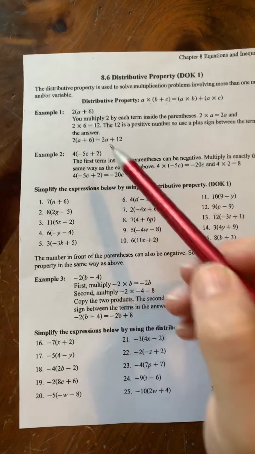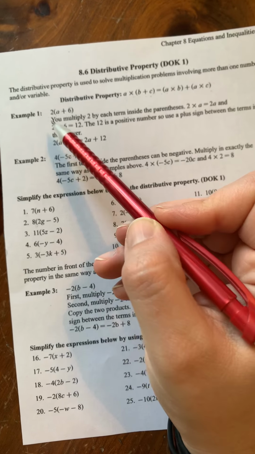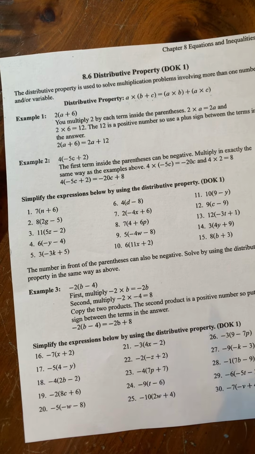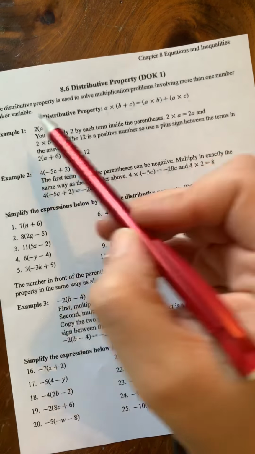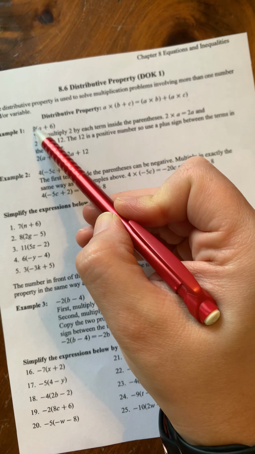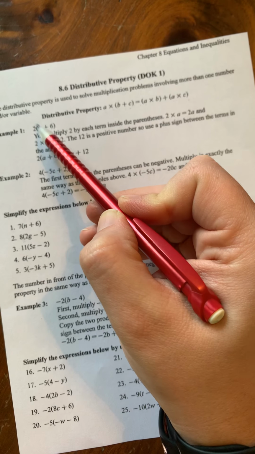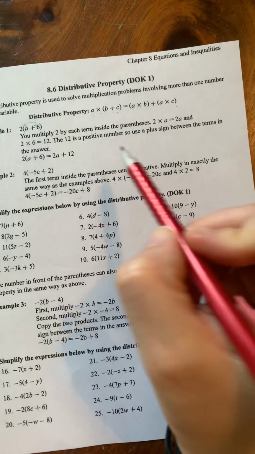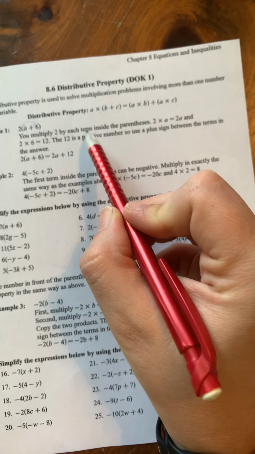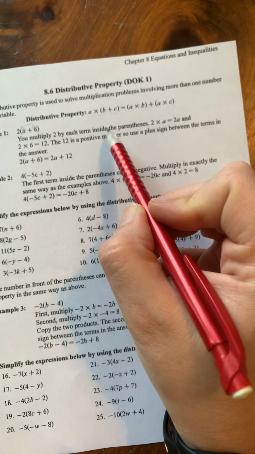Okay? Now, example 1 reads 2 parentheses a plus 6. So what you're going to do, that's going to tell you that this 2 has to go to the a, and it has to go to the 6, okay? So you're going to multiply that 2 by each term inside the parentheses.